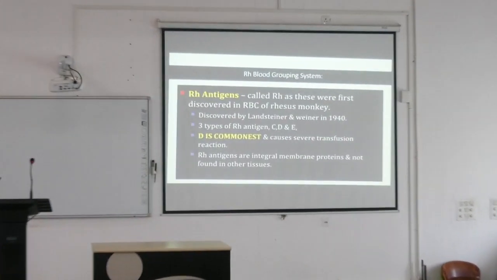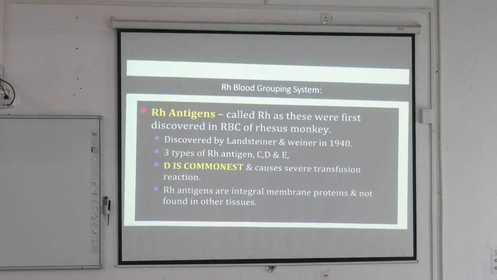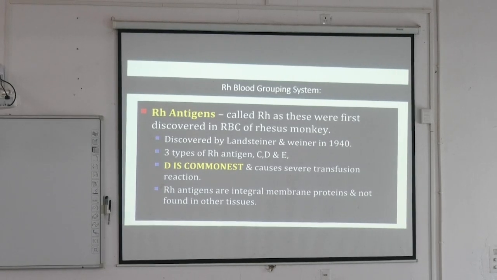In contrast with ABO grouping, ABO antigens are present predominantly on the RBC surface, and also in minor amounts in saliva, other tissues and body fluids.